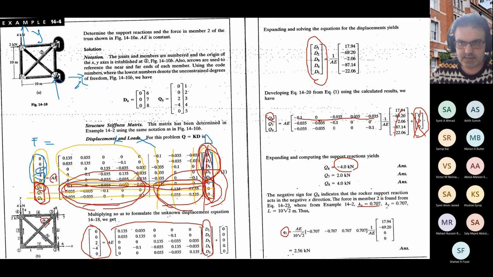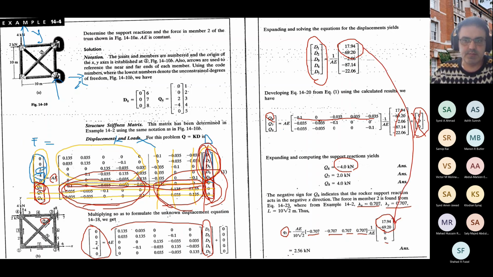I know lambda x, lambda y are here, so this is minus lambda x, minus lambda y, lambda x and lambda y. And these two are the deformations in the near end, which is node number 1, delta 1 and delta 2. So we need to put these two here, as you see.